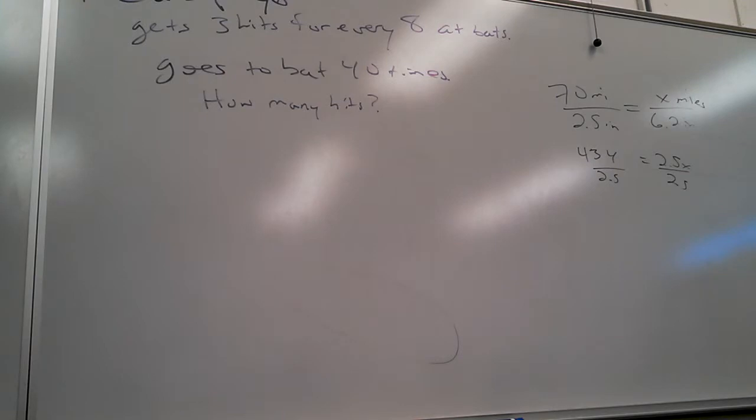If they keep that streak going, how many hits would they get? So try to do that. Don't say anything out loud. Try to do it. So you set up the ratios.